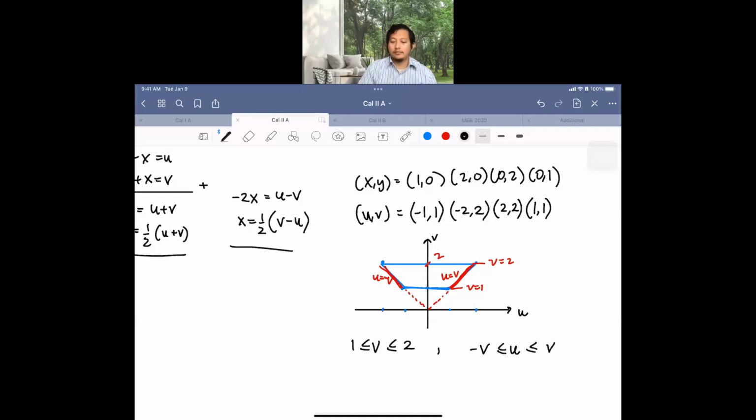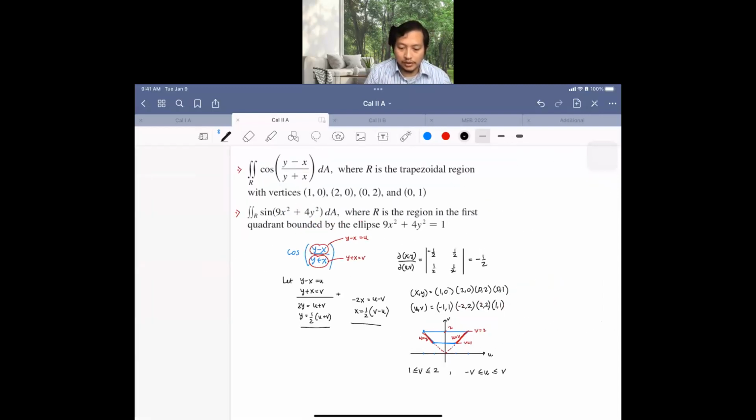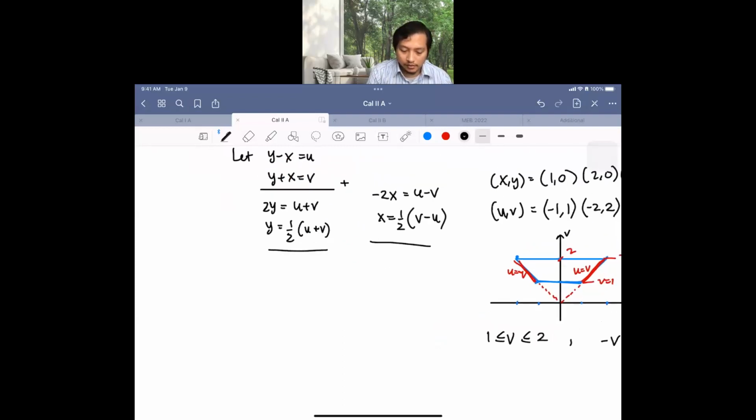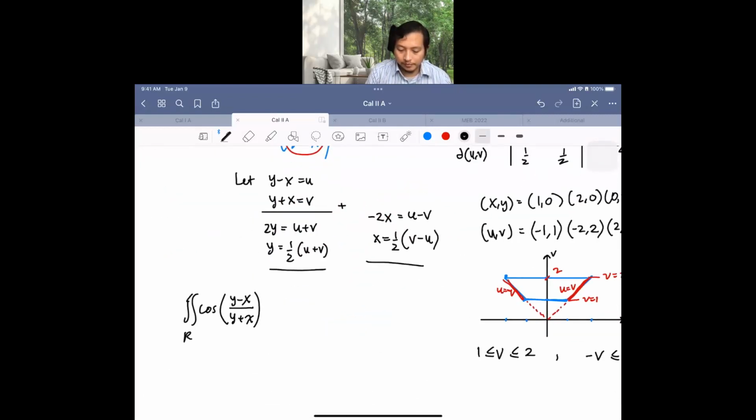Okay. So we need to set up as du dv. So writing the equation, it is cosine of (y minus x) over (y plus x), right? And then what else? Oh yeah, just dA.